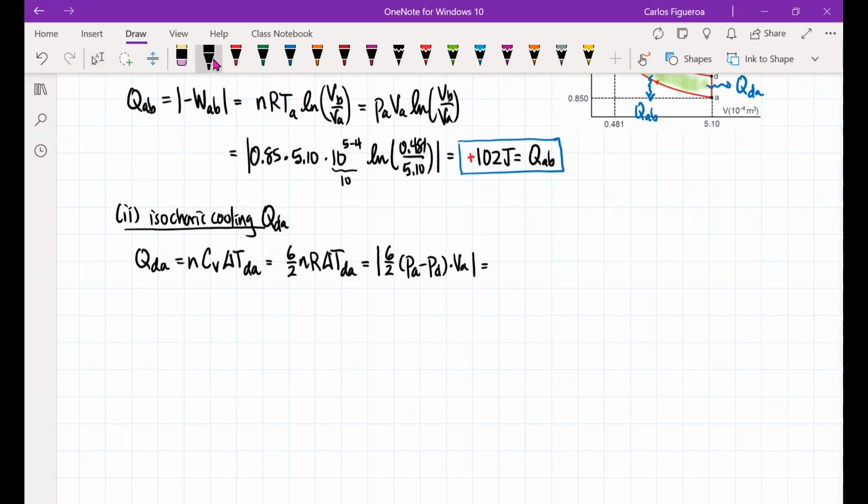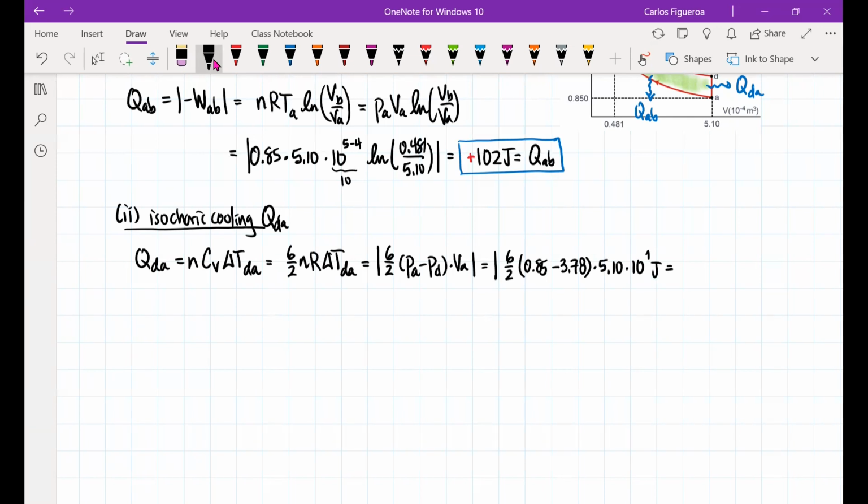So if I punch in my numbers, here's what I get. I get 6/2, and then 0.85 minus 3.78 times my volume, which is 5.10 times 10 to the 5 times 10 to the negative 4, which gives me 10 to the 1 joules.